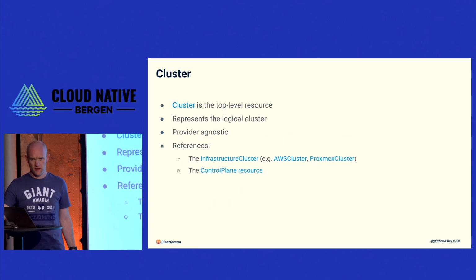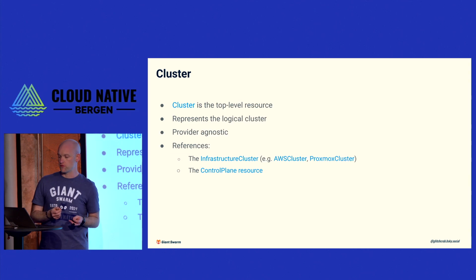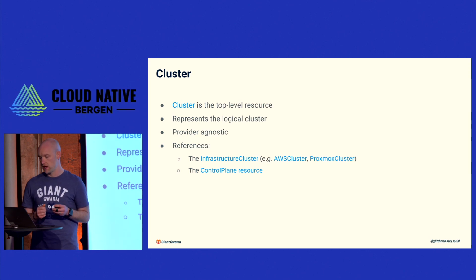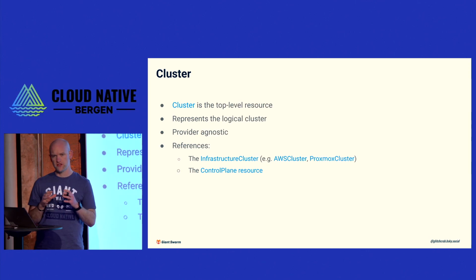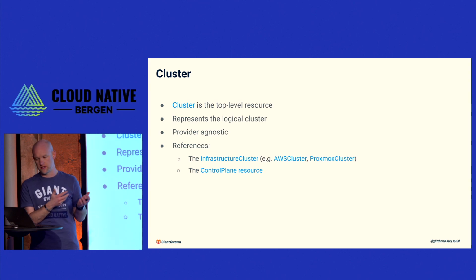So, as with everything in Kubernetes, it's all custom resources. So the primary one that we're interested in here is the cluster custom resource, not particularly well named, unfortunately. So this represents a logical cluster, completely provider agnostic. So every cluster you have, regardless of where you deploy it, what platform it's on, is going to have a cluster.